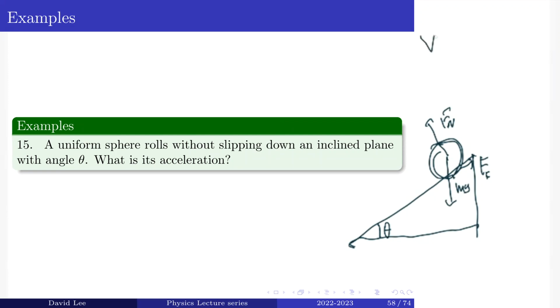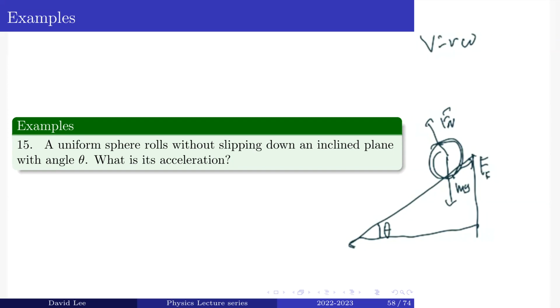But if v equals r omega, that means omega has to keep increasing. So there has to be some sort of torque. And the only thing that can apply that torque is friction, because friction acts at the edge of the sphere, not at the center, unlike gravity or normal force.